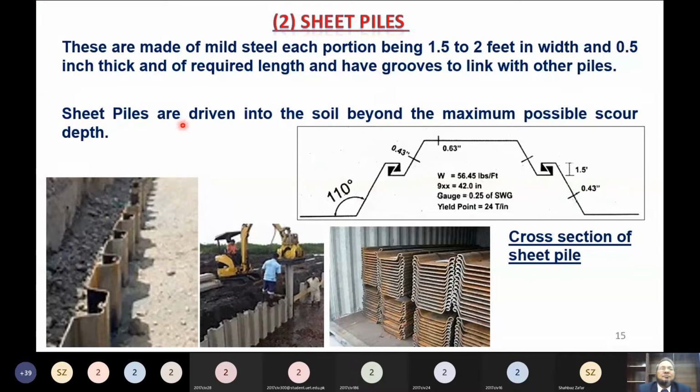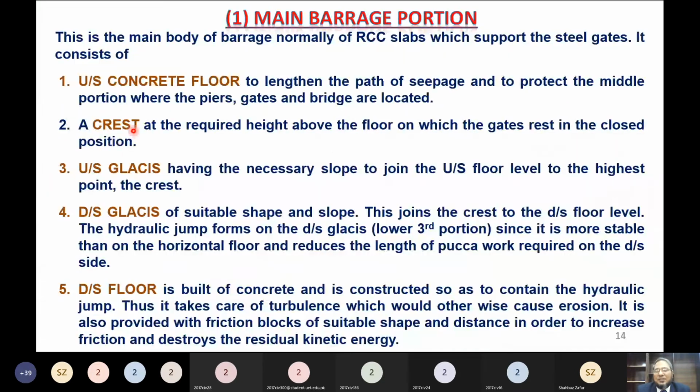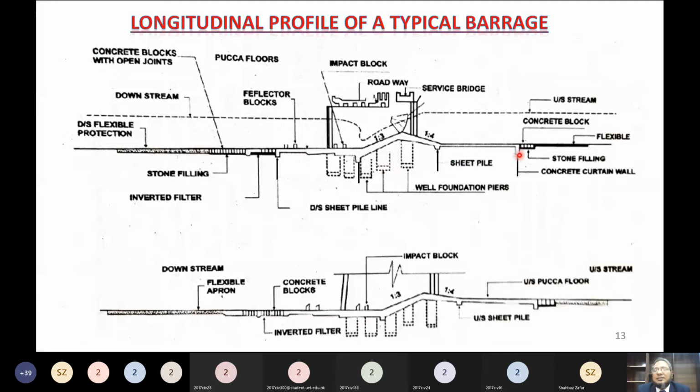So sheet piles are driven into the soil beyond the maximum possible cover depth. Up to what depth should these sheet piles be driven? Actually, we have to compute the cover depth.